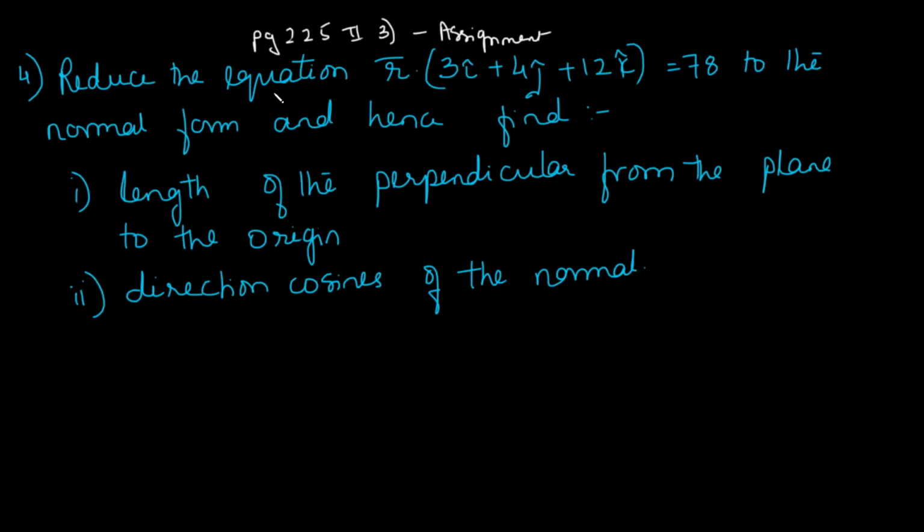The question is: reduce the equation r dot 3i plus 4j plus 12k is equal to 78 to the normal form, and hence find the length of the perpendicular from the plane to the origin and also the direction cosines of the normal. So in this case, the required equation is the normal form of the equation.